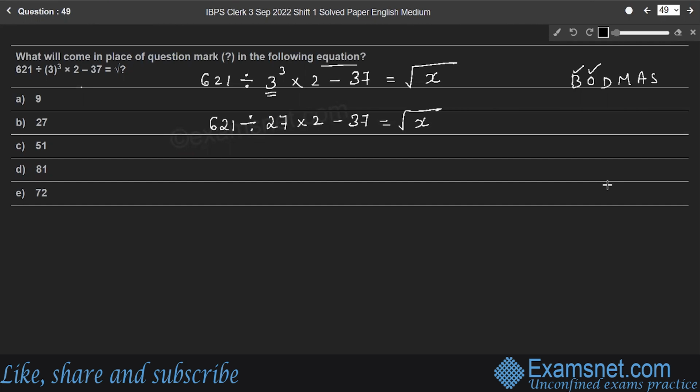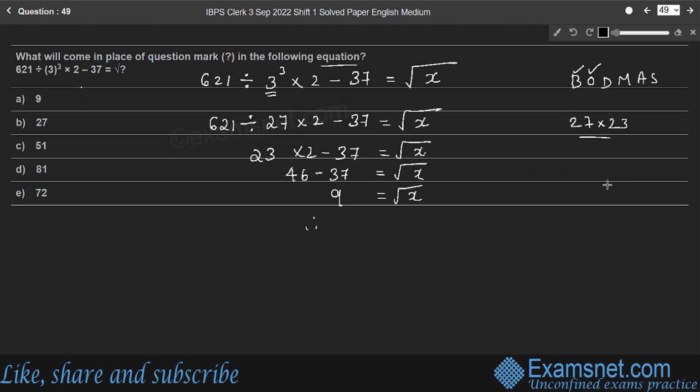So 621 divided by 27 is 23. So 27 into 23 is 621. So into 2 minus 37 is root of x. So 23 into 2 is 46 minus 37 is root x. 9 is root x.